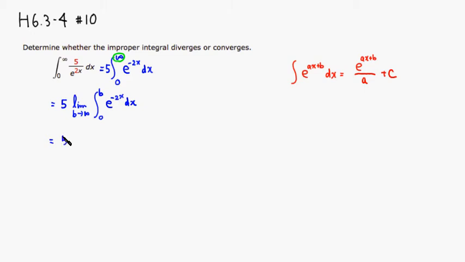So this is going to be 5, and we still have a limit as b approaches positive infinity. Then the antiderivative of e to the negative 2x would be e to the negative 2x over negative 2.